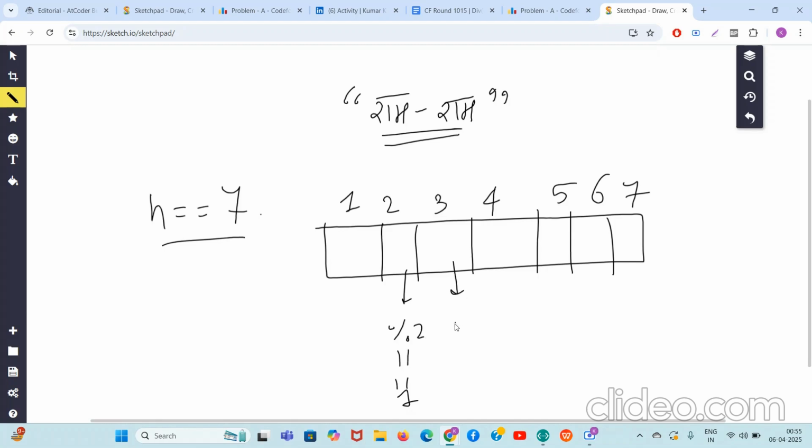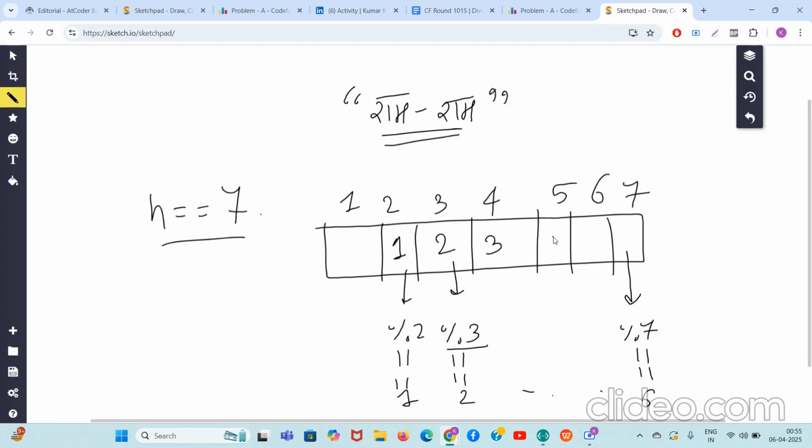Whatever number comes here, you have to do it modulo 3 and the output should be 2. Like this, whatever number comes here, you have to do it modulo 7 and the output should be 6. So it's simple, put here 1, 1 mod 2 is 1. Then put here any number which is less than 3, let's say 2. So 2 mod 3 is 2.